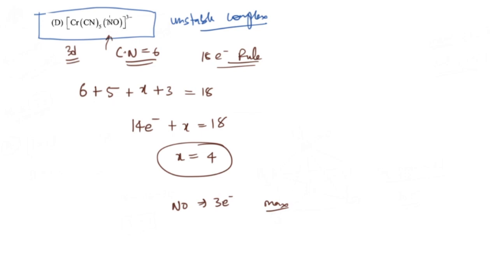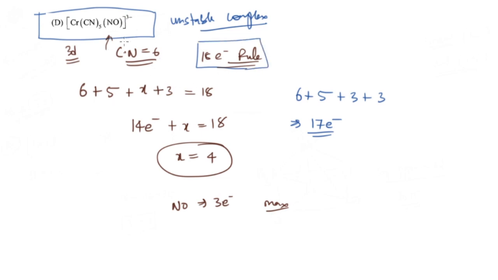So if NO is giving 3 electrons, then how many electrons will this have? So 6 from this chromium, 5 from this CN ligands, and you have 3 from this NO, and 3 from this charge. So that is going to give you 17 electrons. So this particular complex is a 17 electron species, not a 18 electron species, although it has to follow 18 electron rule in order to become stable.